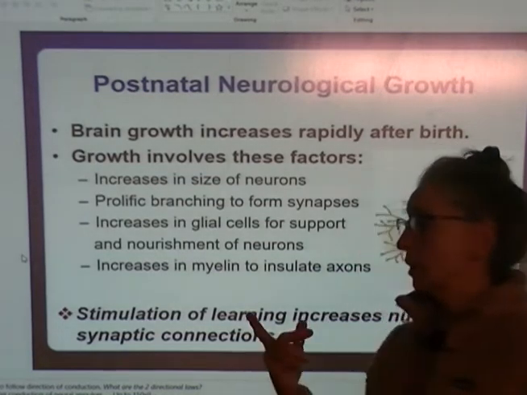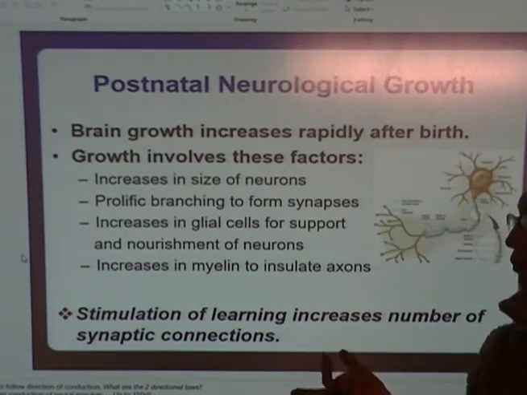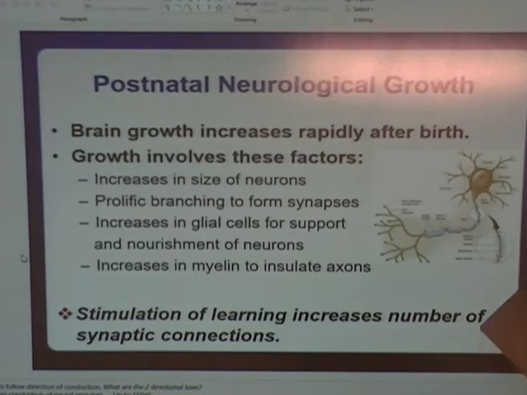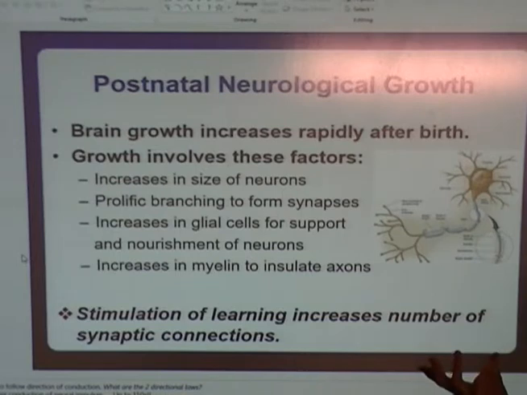Right? Remember that article that I asked you to read in lab discussed the wiring system up to the age of 10. Right? We see an increase in what we call glial cells. They're kind of fatty cells that provide some support to the system, and they also provide some nourishment for the neurons.